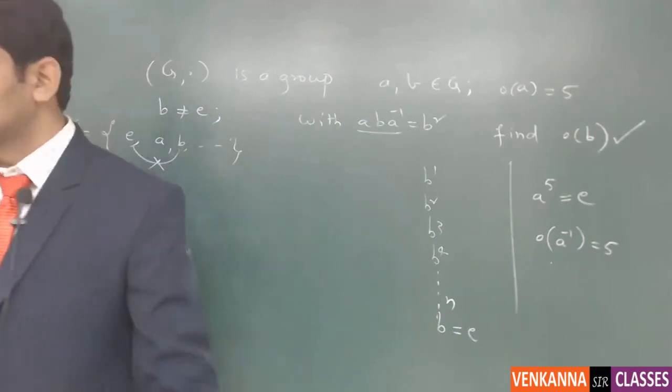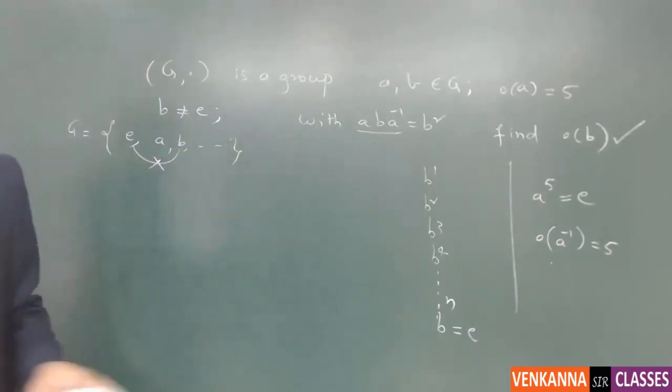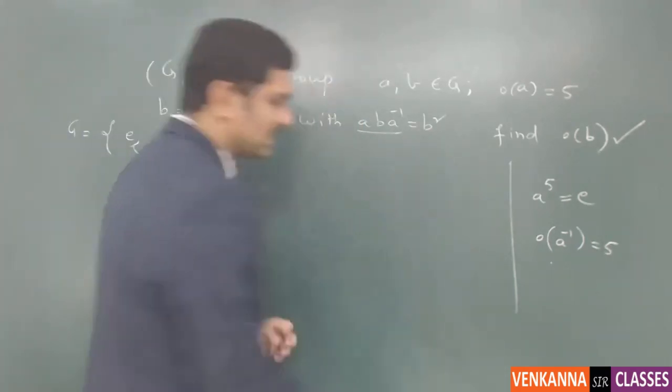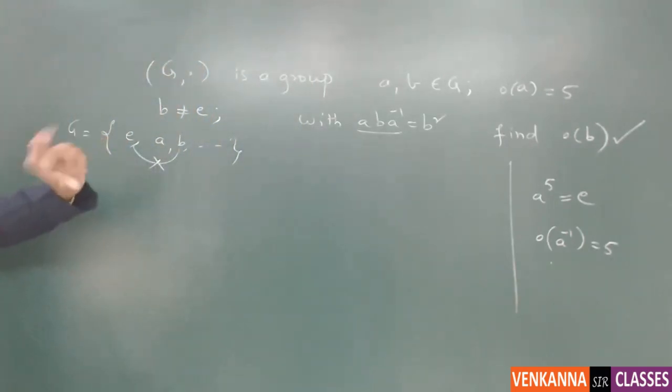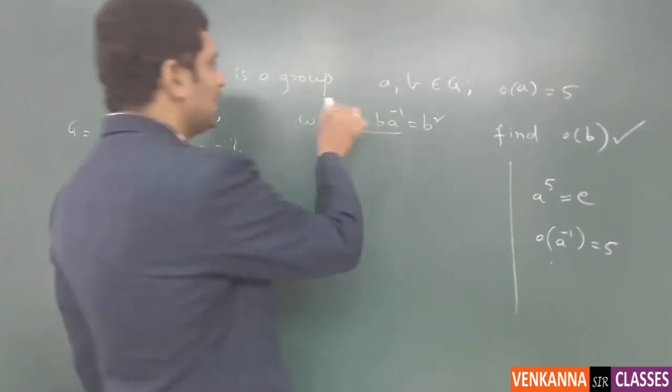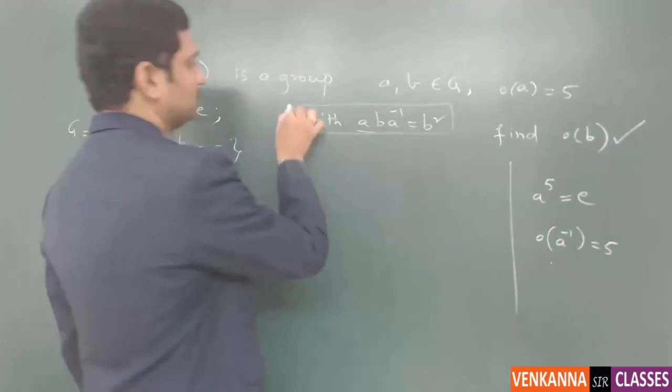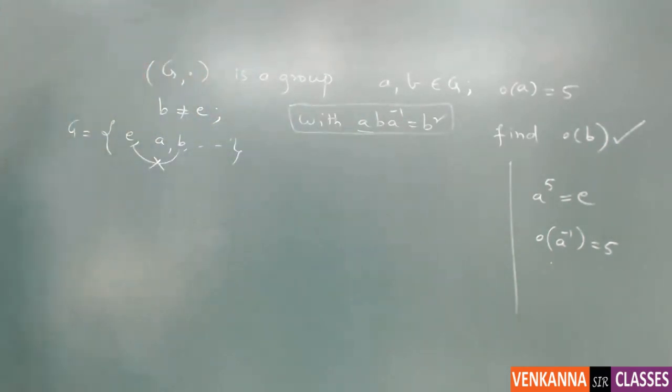So how to do? That is the question. While raising the powers of B, I will consider only the even powers because there is a relation given with even powers: A B A inverse is equal to B square.